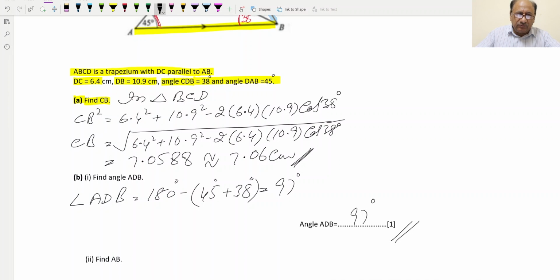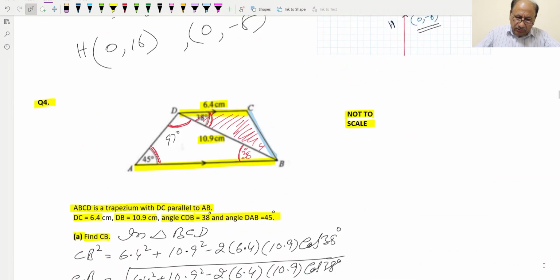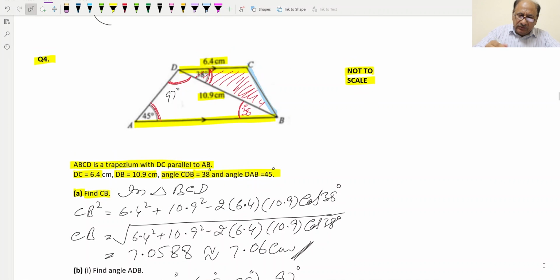This is 97 degrees. Now, next part, second part, they're saying find AB. AB is which one? AB is this side. So we need to find this AB side. For AB side, we can apply sine rule. We can use this side and this side, these two sides.